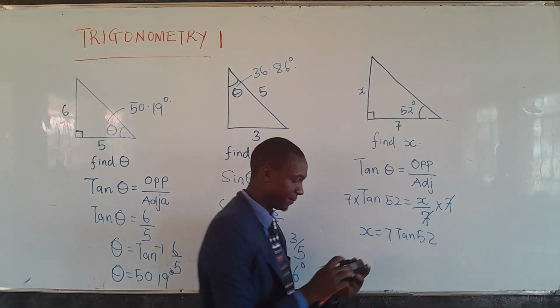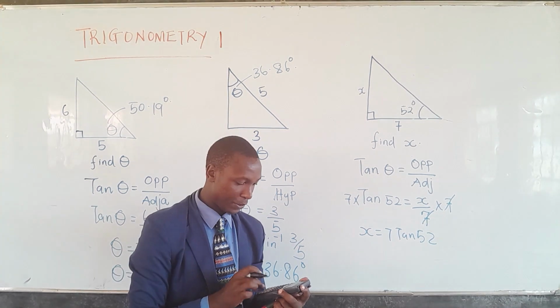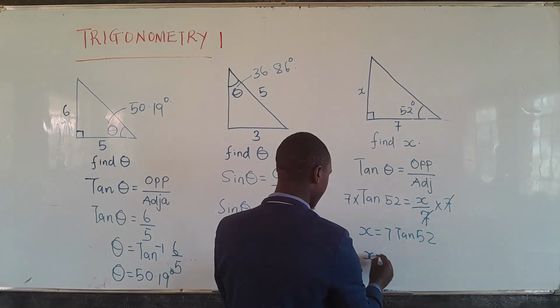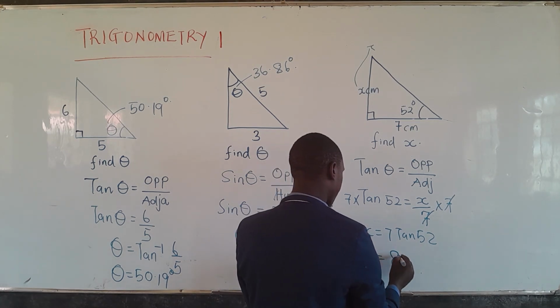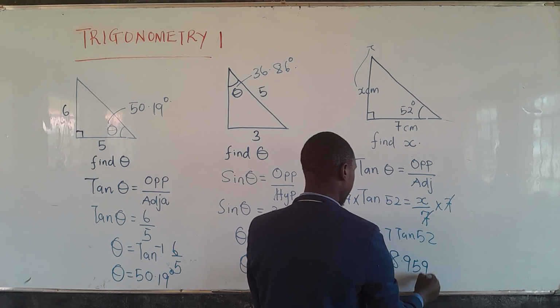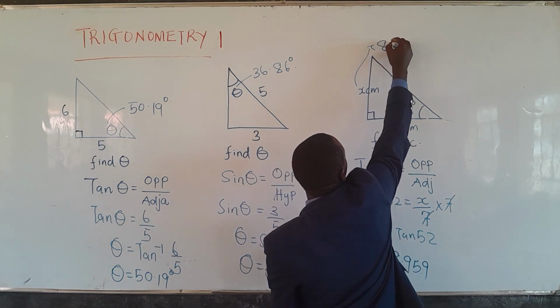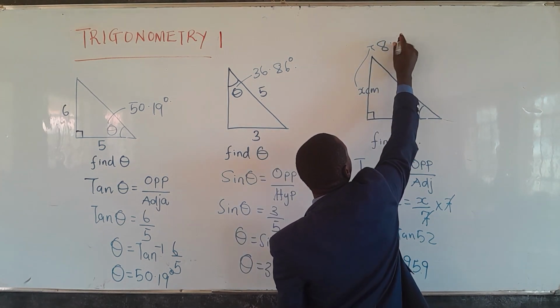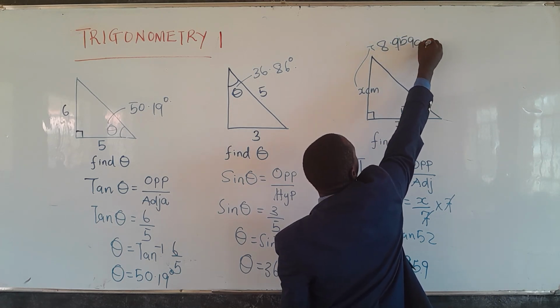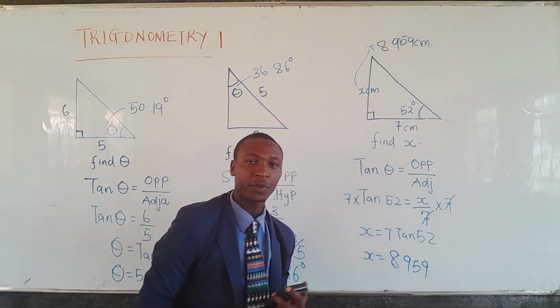If I press that very quick, tan 52, multiply that by 7, we have the value of x as 8.95597, and that becomes the solution to that problem.